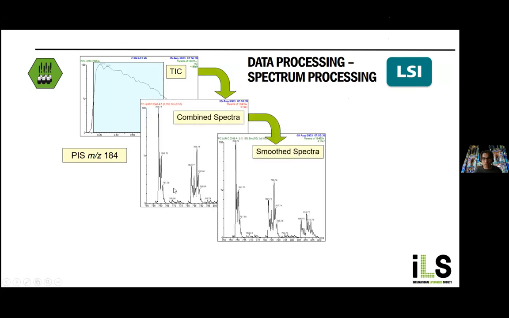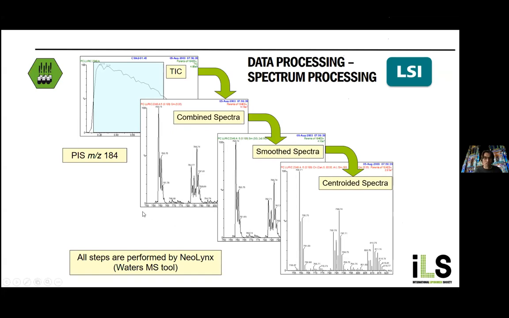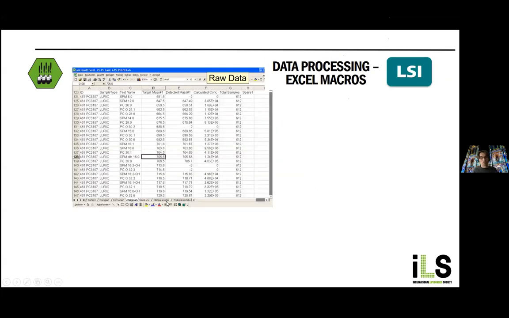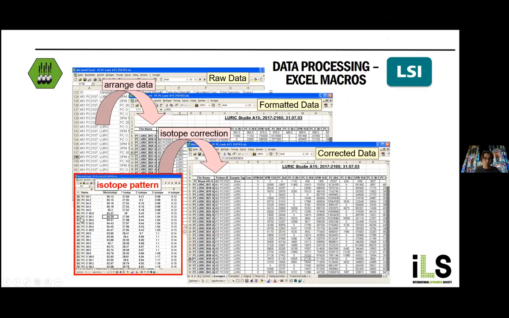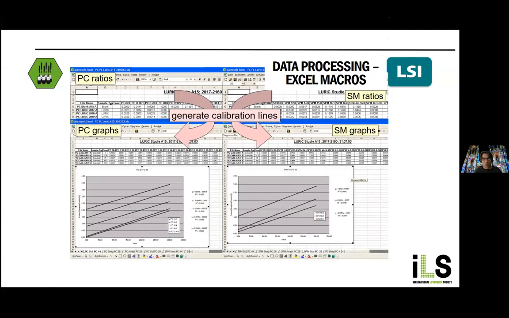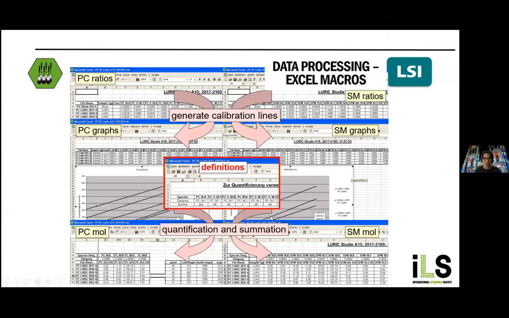We have combined spectra, they were smoothed, centroided, and that data were exported to Excel macros, and there we do the de-isotoping, as a really very important step, and this is based on isotopic patterns which are calculated theoretically. But we do also quantification, and this is a topic of tomorrow. We use some calibration lines to really calculate here mole of these species. That is because at that time we started, no other programs were available.